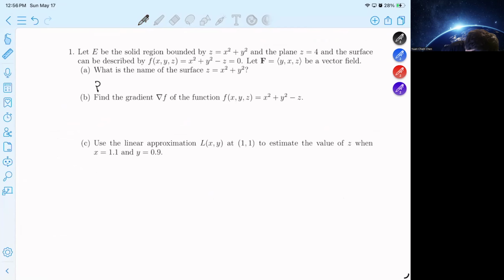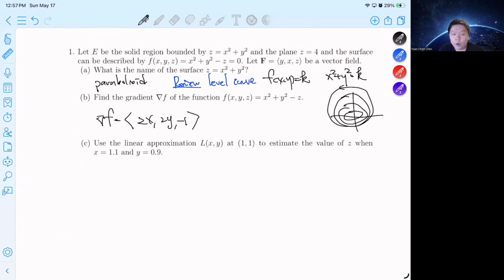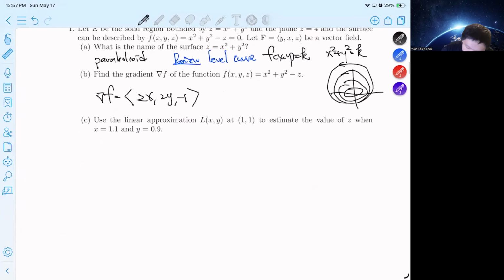And next, we find the gradient of this. The gradient of f is just the derivative, so it's just 2x, 2y, and -1. Basic calculation. Now we use the linear approximation at (1, 1) to estimate this value at (1.1, 0.9). Again, L(x, y) at (1, 1) will just be f(1, 1) plus fx(1, 1)(x minus 1) plus fy(1, 1)(y minus 1).